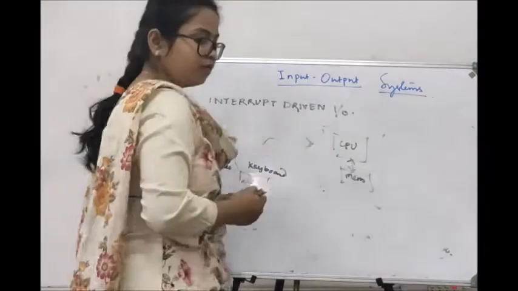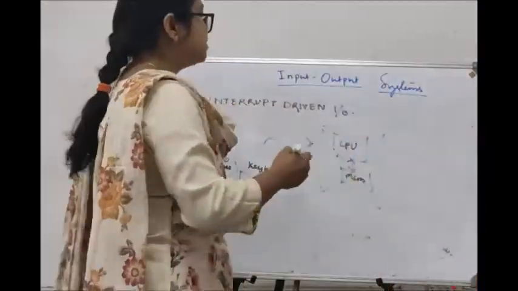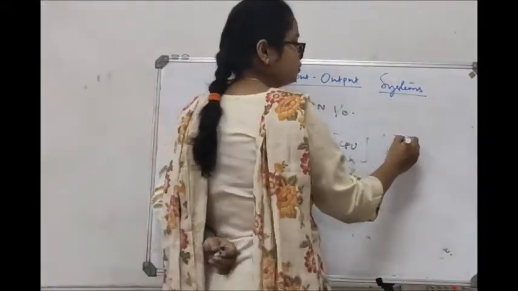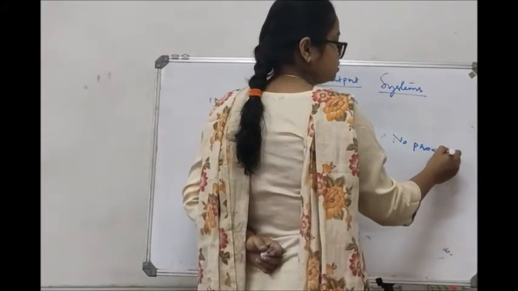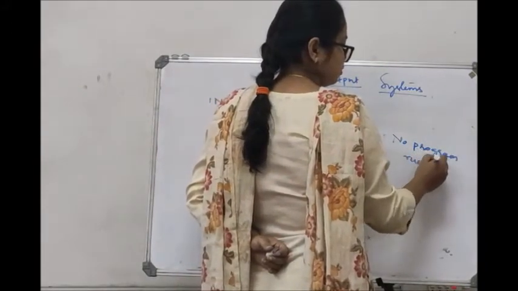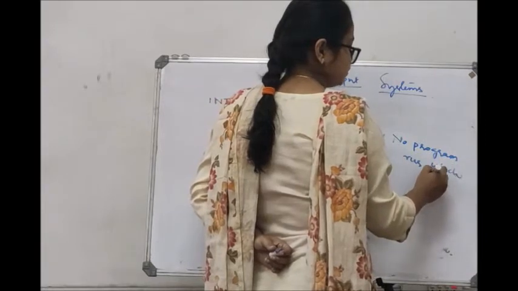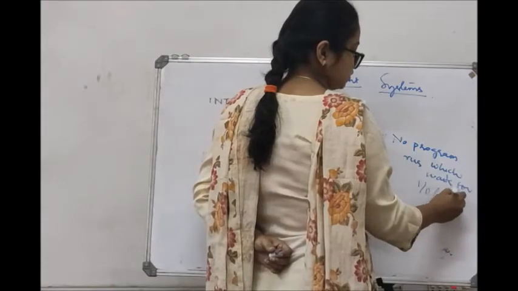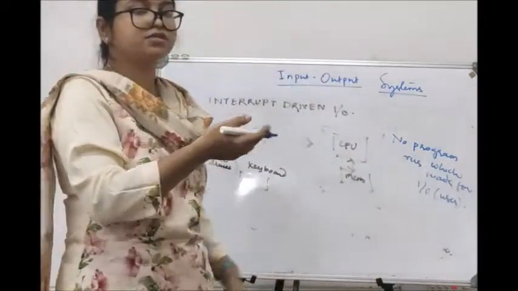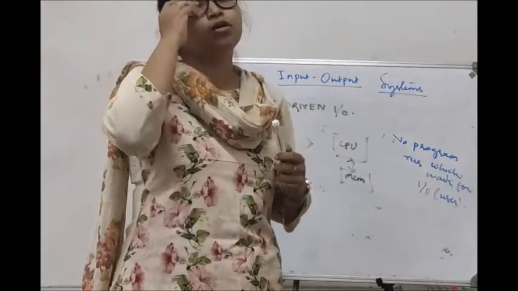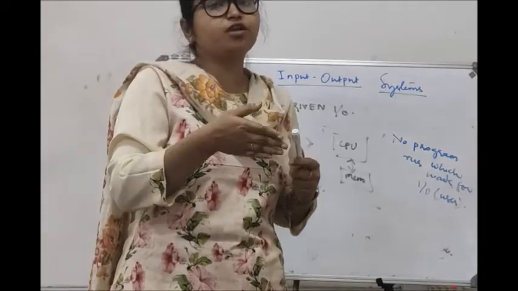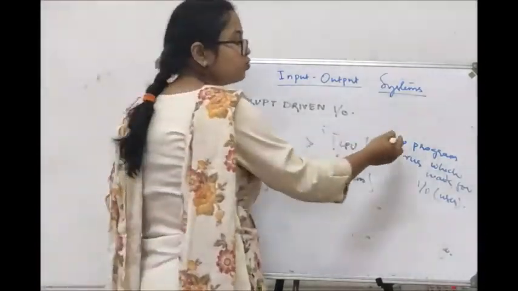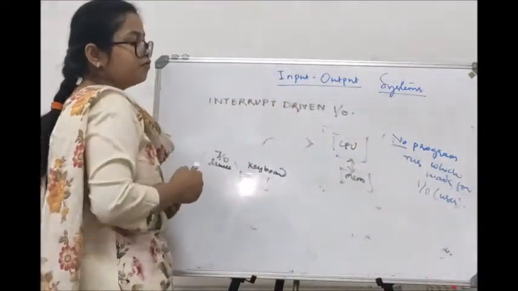Now here what happens is, there is no program which will wait, no program runs which waits for the user, which waits for IO. IO means user, because the user gives data to IO devices. So the speed of IO depends upon the speed of the user, isn't it? Common sense.